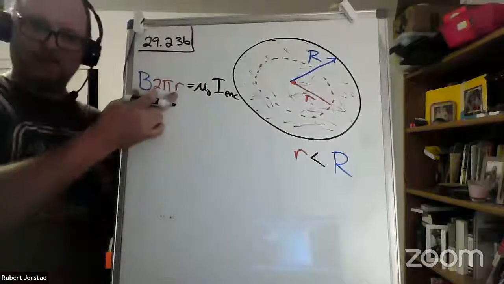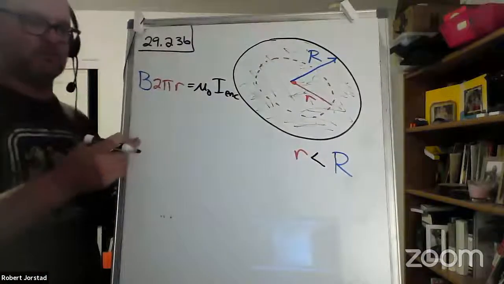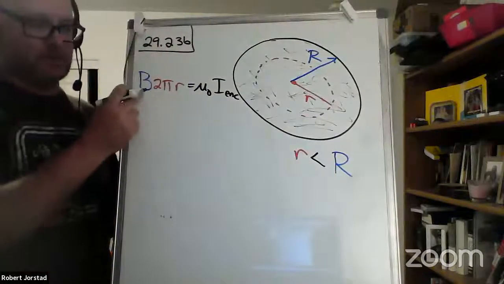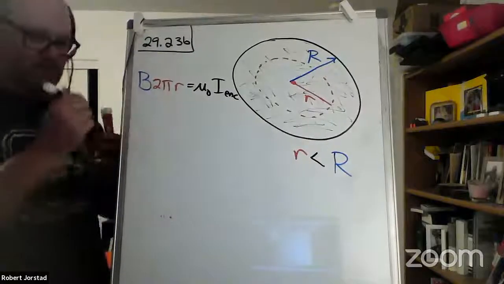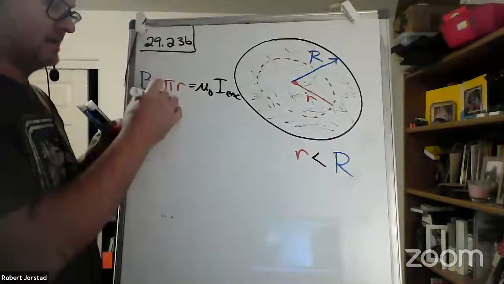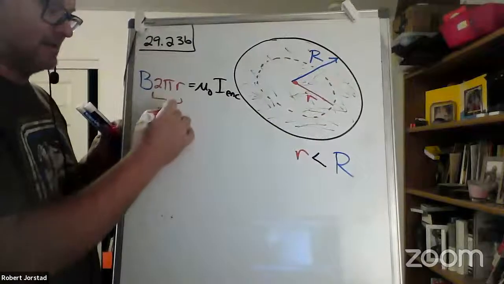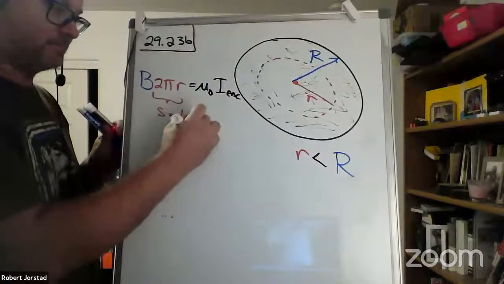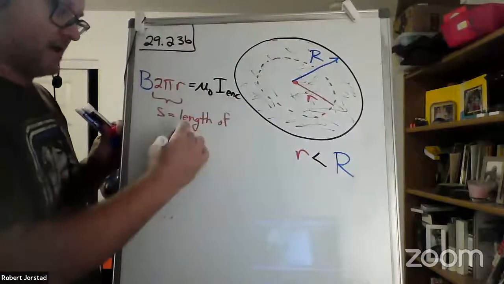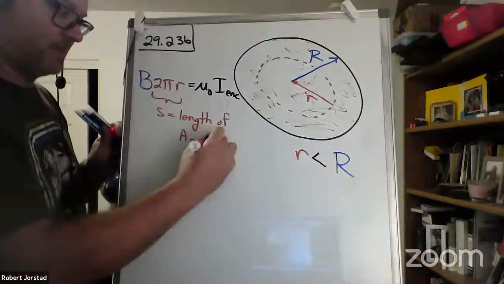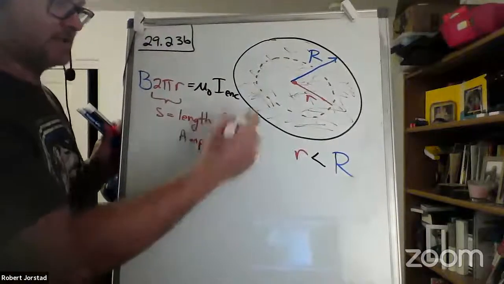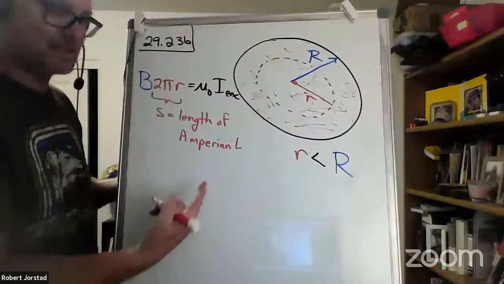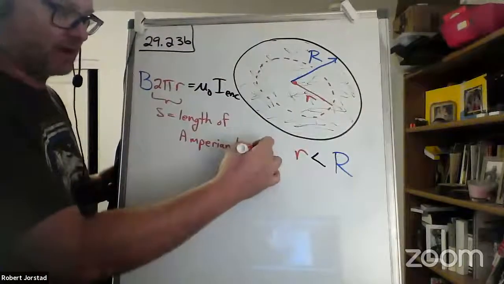Again, the same logic I used in the previous problem would get us all the way down to B times the length of the Amperian loop. This is S equals length of Amperian loop. Amperian loop just means the dotted red line. It's the loop that I drew to enclose some of the current.